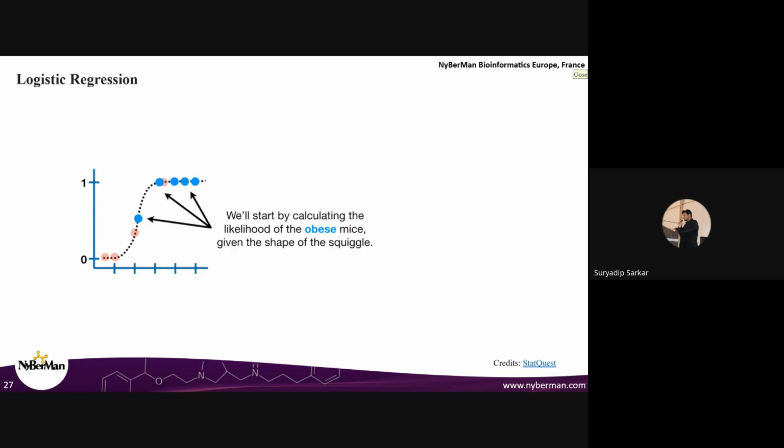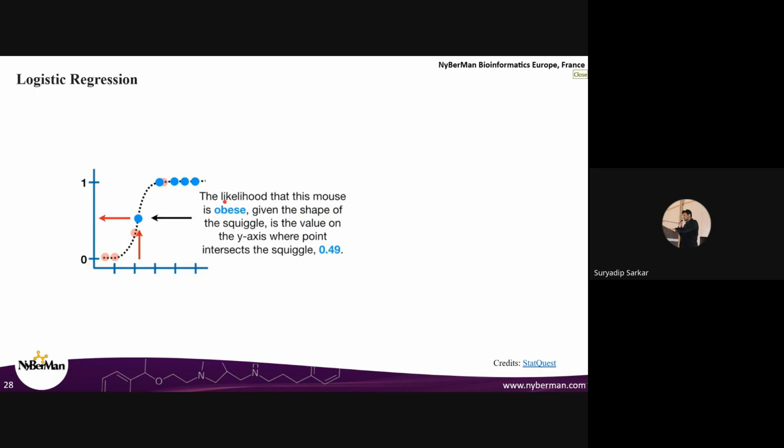We'll start by calculating the likelihood of the obese mice given the shape of this particular squiggle. The likelihood that this particular mouse is obese given the shape of this squiggle that we got from the initial straight line in the log odds scale is nothing but its corresponding value on the y-axis here.